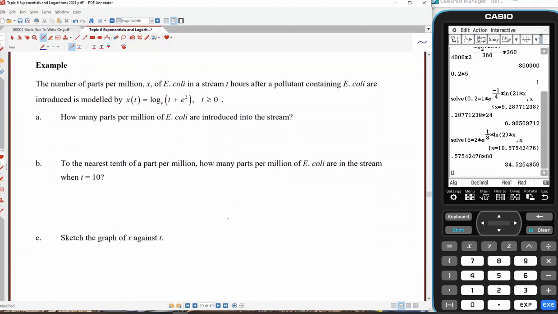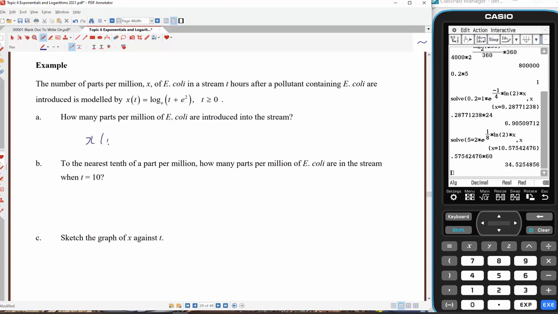Okay, another one. The number of parts per million X of E. coli in a stream T hours after a pollutant containing E. coli are introduced is modeled by a log function. So how many parts of E. coli are introduced into the stream?